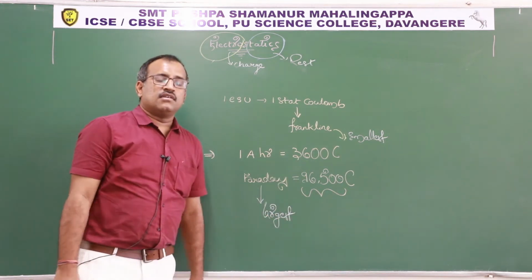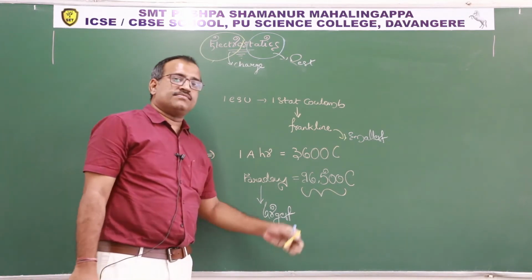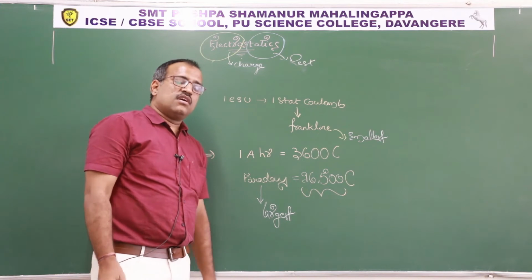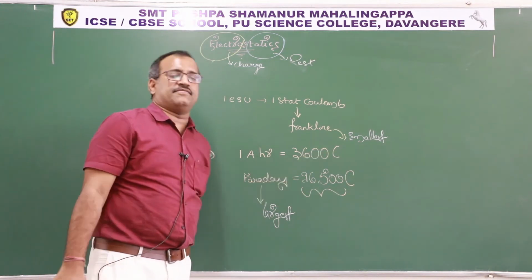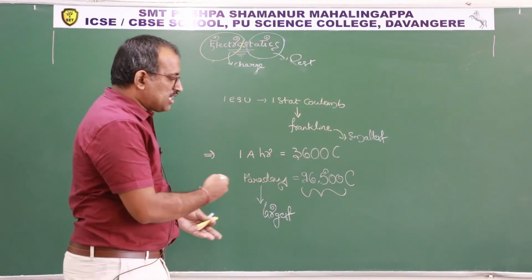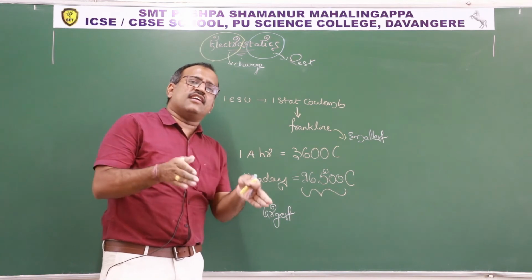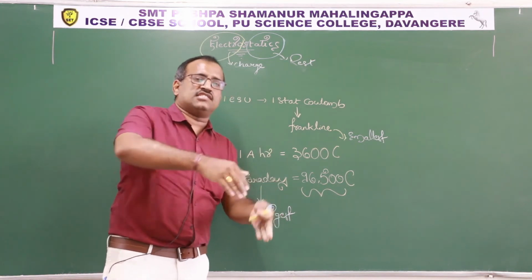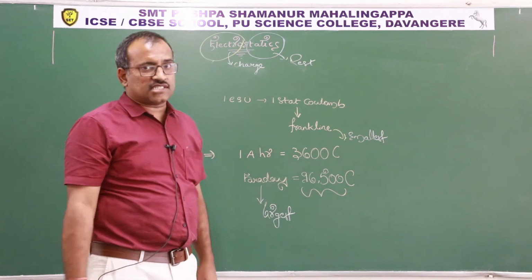Remember, for 2 marks questions or objective level, they may ask you which of the following units is the smallest unit. Obviously Franklin. Whenever you are studying any unit, centimeter belongs to CGS, meter belongs to the SI system.